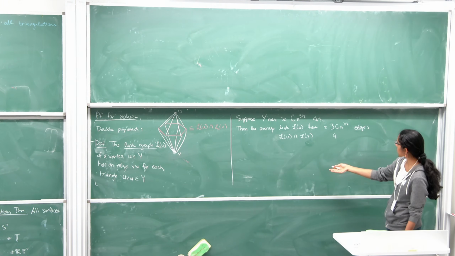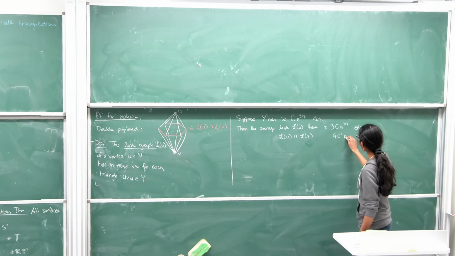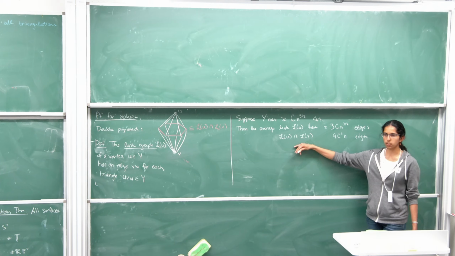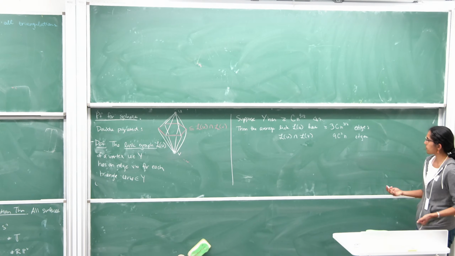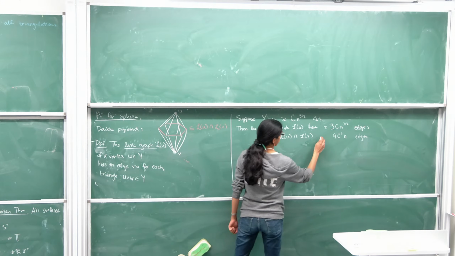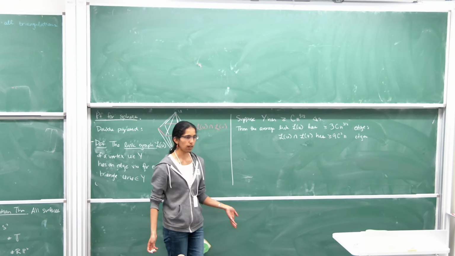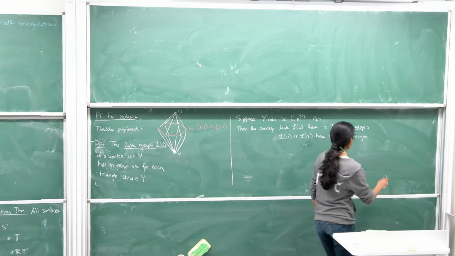In the average case, if everything looked random, we'd have at least 9 C squared n edges in the average intersection of 2 links. And in fact, you can show that this is at least what you'd expect in the random case by Cauchy-Schwarz.